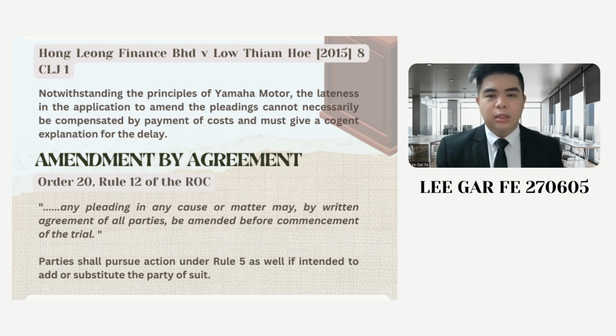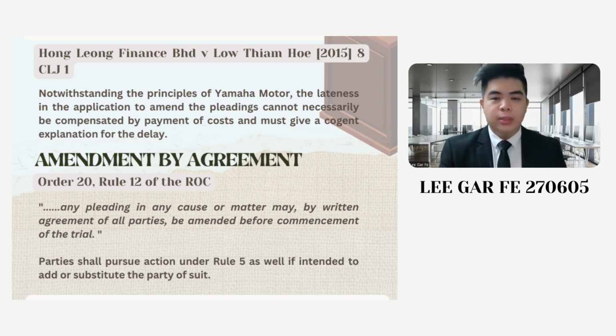Otherwise, notwithstanding the principle in Yamaha Motor, the lateness in applications to amend the pleadings cannot necessarily be compensated by the payment of costs. In summary, the court has its liberal discretion to refuse leave if the application for amendments made under Order 20, Rule 5 of the ROC is a mere tactical manoeuvre, or is made in bad faith to cause prejudice to the opposite party or delay the proceedings.